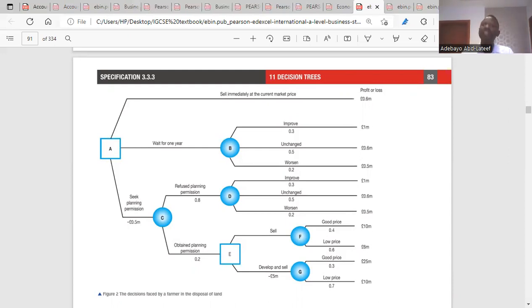And in the worst scenario, I might be losing 100,000, which means I have to sell for 500,000. How do you get this analysis? It means the farmer would have ensured that he gets expert advice before he concludes on this. These are all expert advice that will make you able to take decisions. Any question about it? No. Okay.